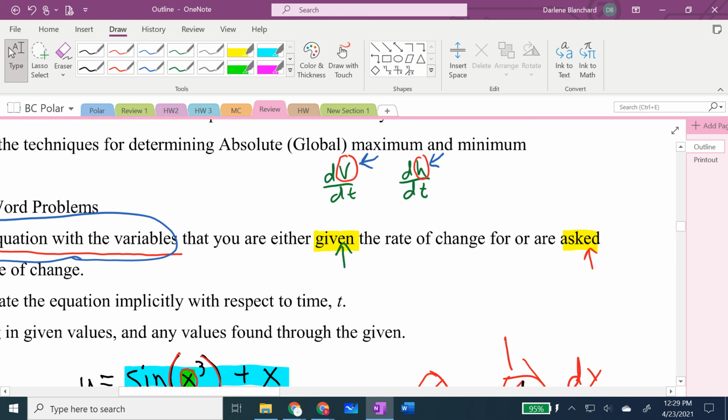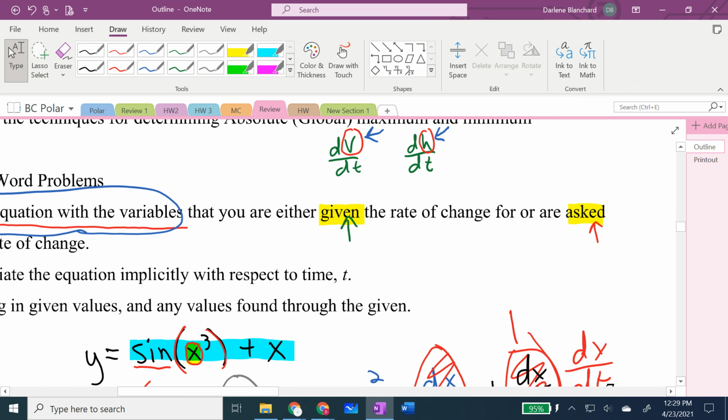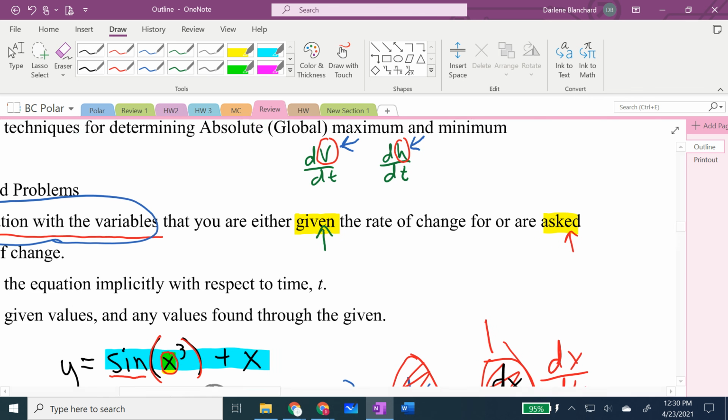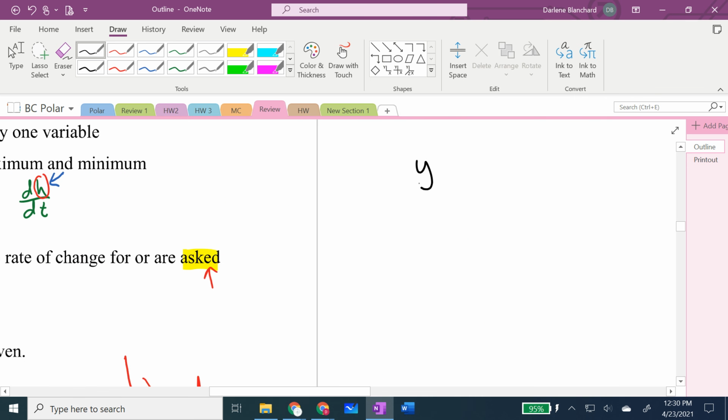And let me remind you of the issue of implicit differentiation. So I gave this example. So let's see, y equals sine of x cubed plus x.